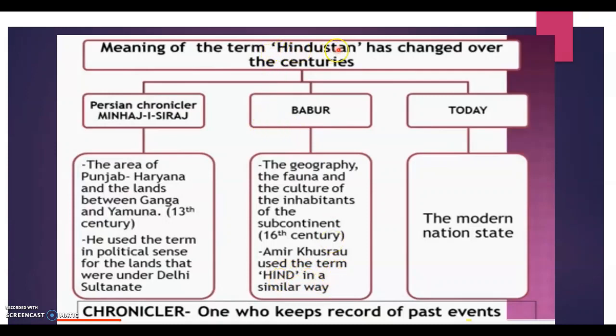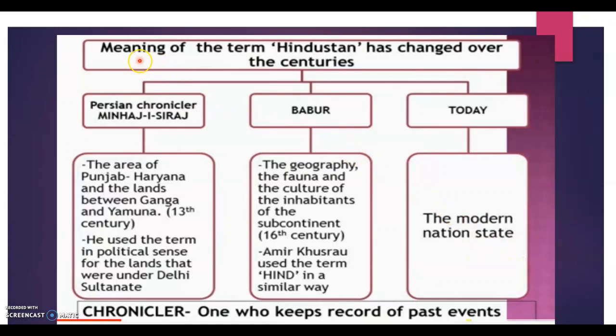Then nowadays, we use the term Hindustan to indicate the modern nation state.